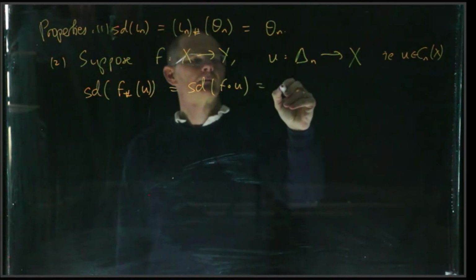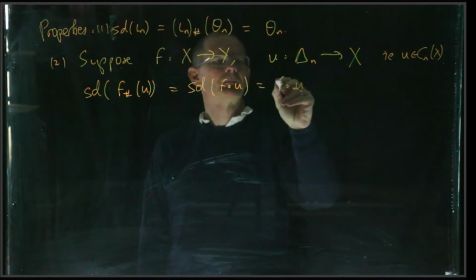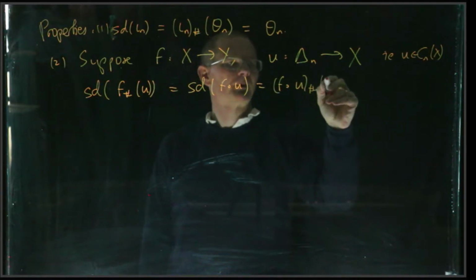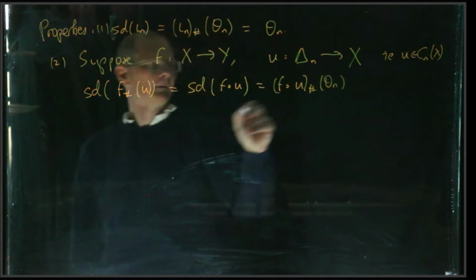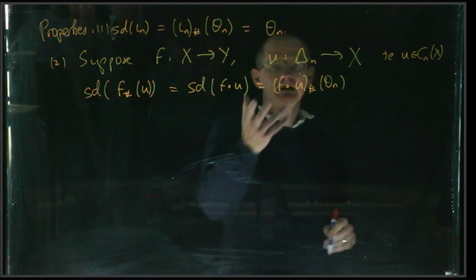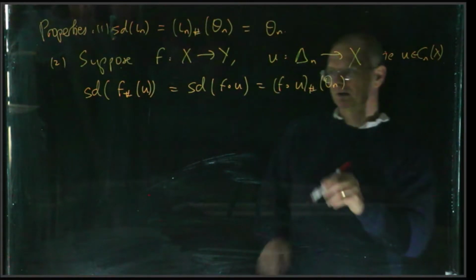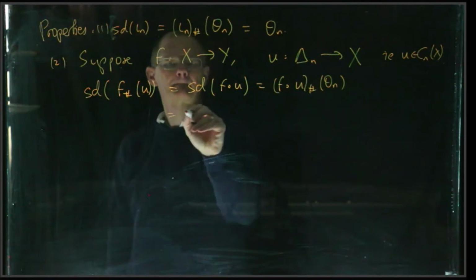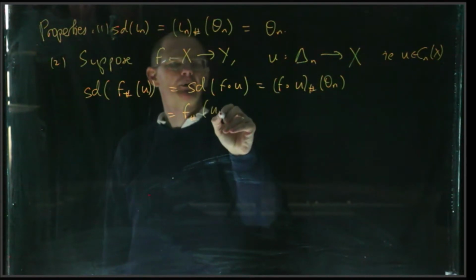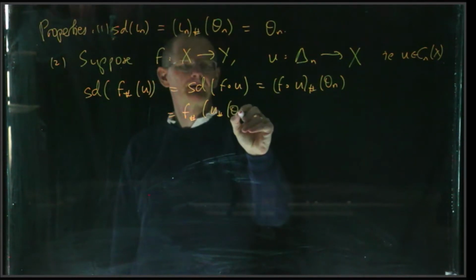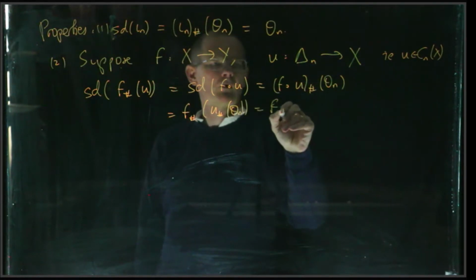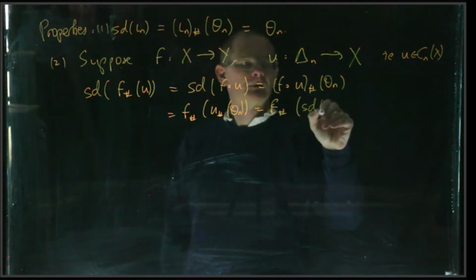So this is take f composed with u, and we push forward θ_n according to this. But this push forward of chains is functorial. So that's the same thing as f_# of u_# of θ_n, which is f_# of the subdivision of u.